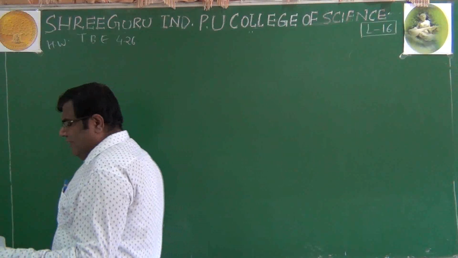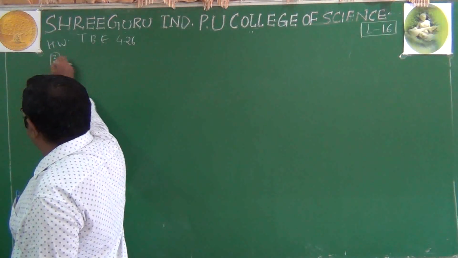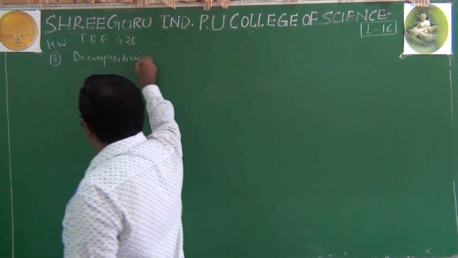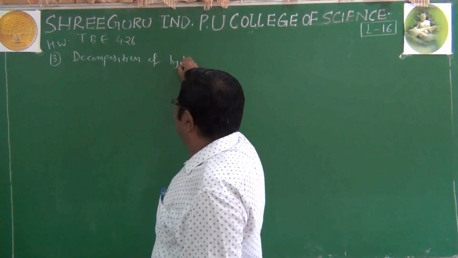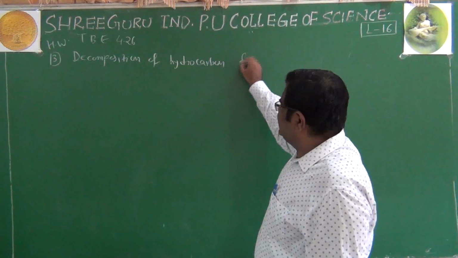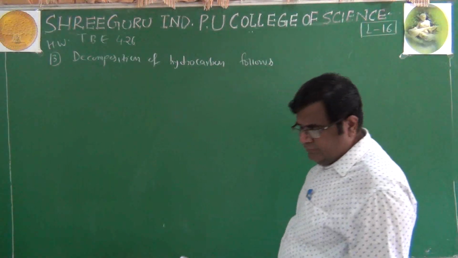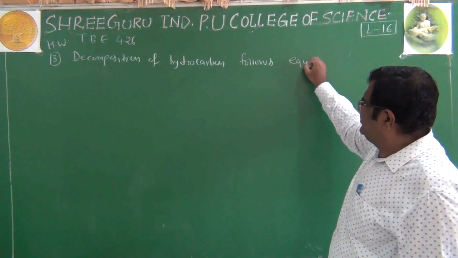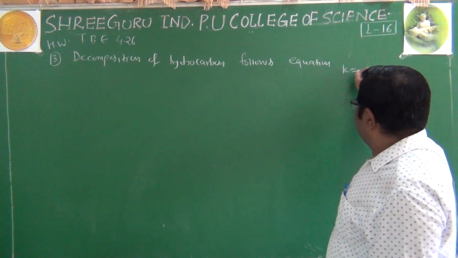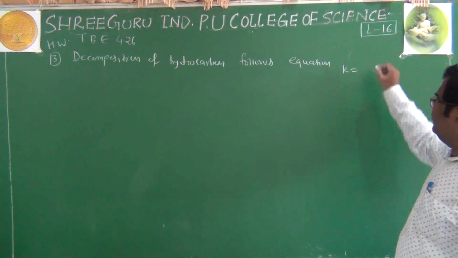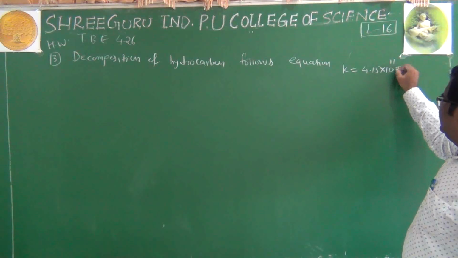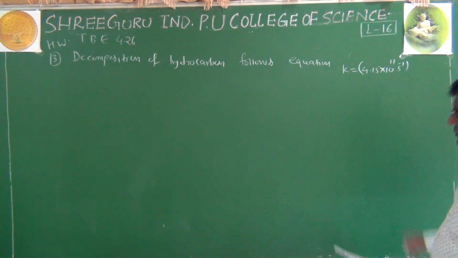Question number 3 now. The decomposition of hydrocarbon follows the equation K equals 4.15 into 10 raised to 11 per second.